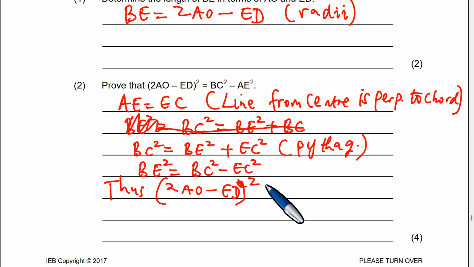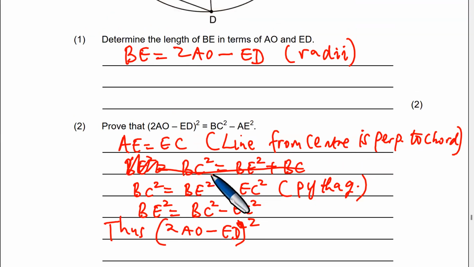But what have we done there in the previous question? In the previous question, we had to write that BE is equal to twice AO minus ED. So twice AO minus ED is BE.